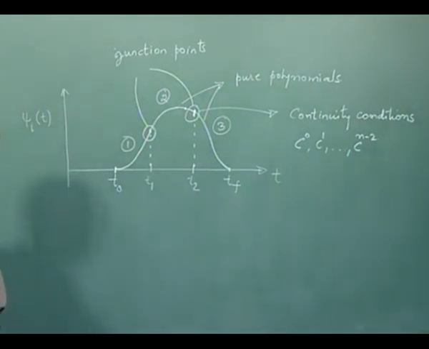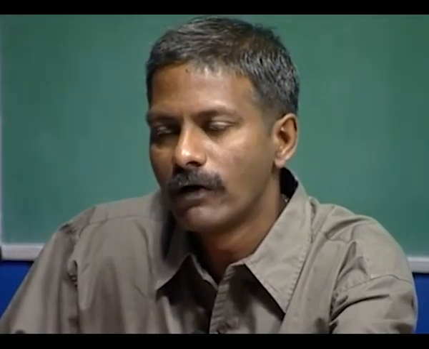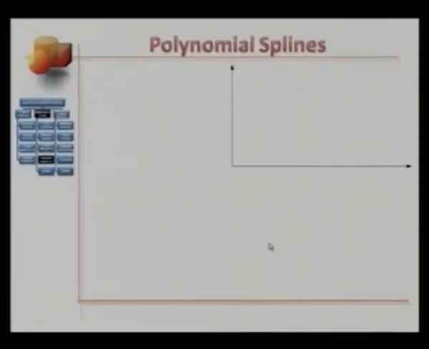Let's now continue with some mathematics. Let me work with a few of these polynomial segments. This is the parameter axis. This is the axis that will correspond to non-zero values of the basis functions. And let's say this is a generic spline curve.